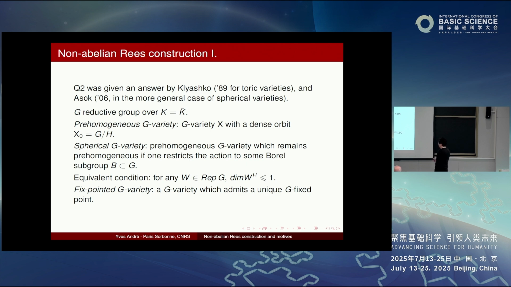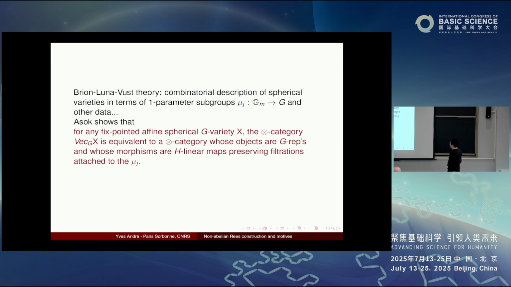And a very important definition for the sequel is the definition of a fixed-pointed G-variety: a G-variety which admits a unique G-fixed point. So there is an extended, very well developed theory of spherical varieties by Brion, Luna, Wust, and other people.